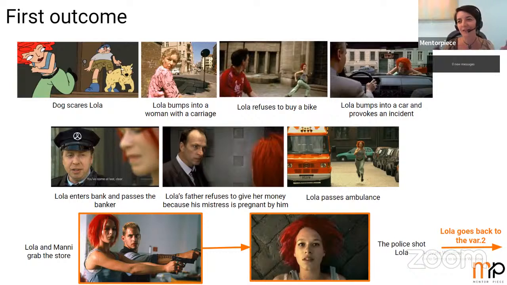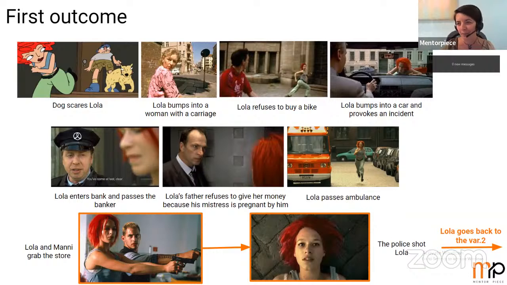And while Lola is running during this first outcome, her father is talking to his mistress who is pregnant by him. So Lola appears in the middle of this conversation. Lola's father refuses to give her money, and she decides to run to Manny without money and think about what to do together.